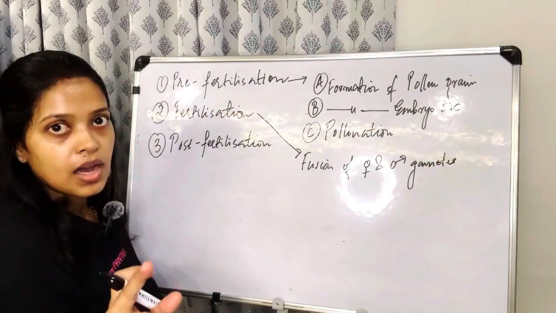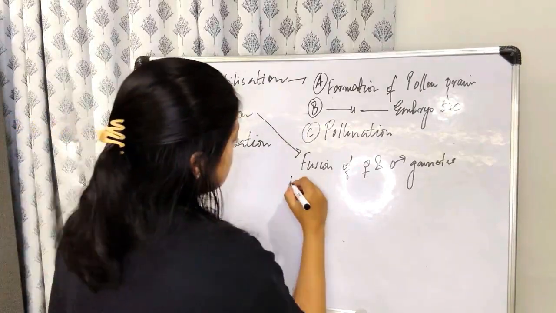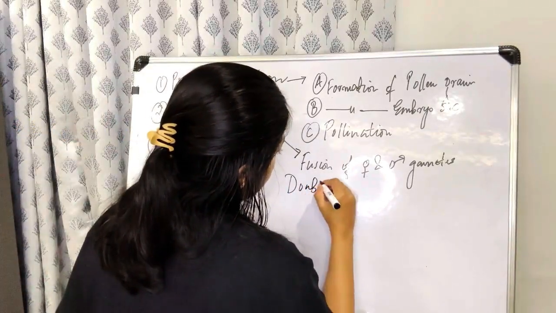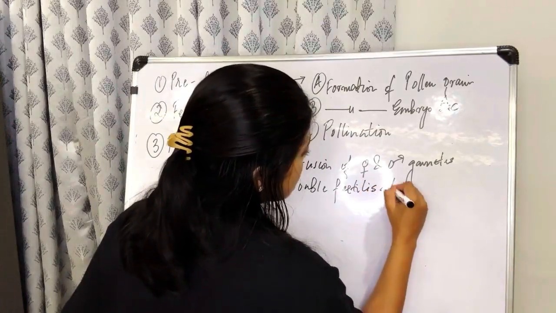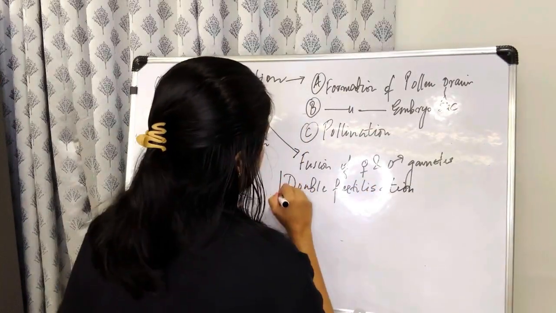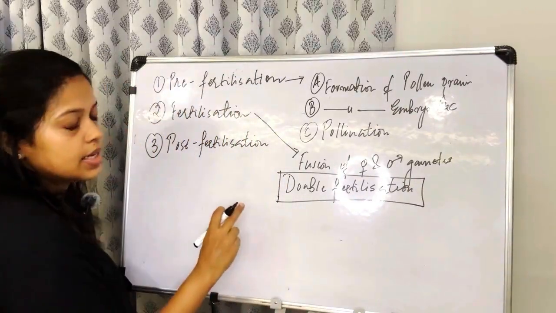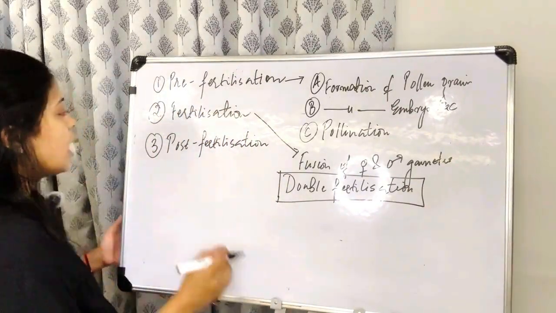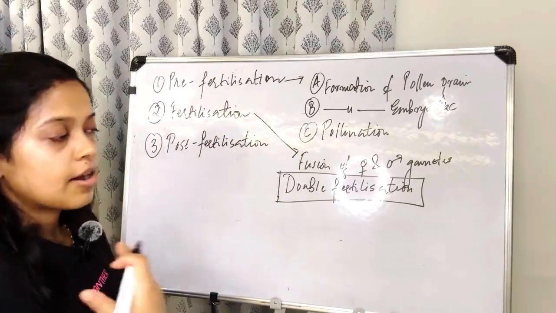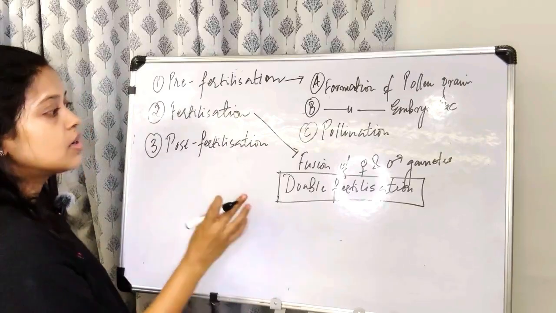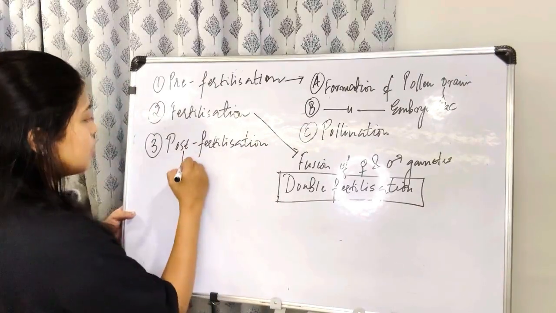In the flowering plant, there is an important event that takes place during fertilization, and we call it double fertilization. This is something very important, and we will study it in detail as this is important for your NEET exams. Okay. The last stage is post-fertilization: once the fertilization has occurred and the zygote has formed, what are the next events that are going to happen?